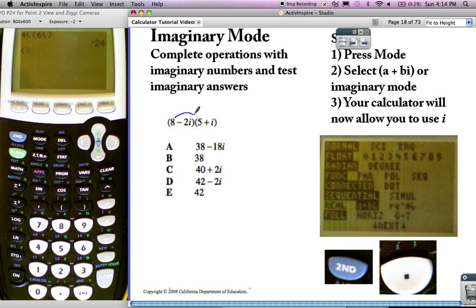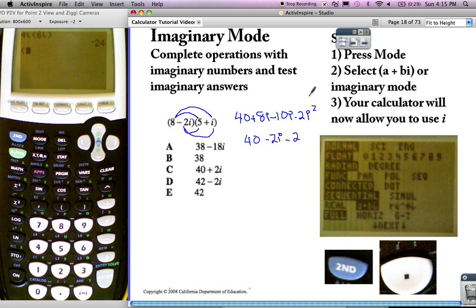I go 40 plus 8i minus 10i minus 2i squared. That gives me 40 minus 2i minus 2.